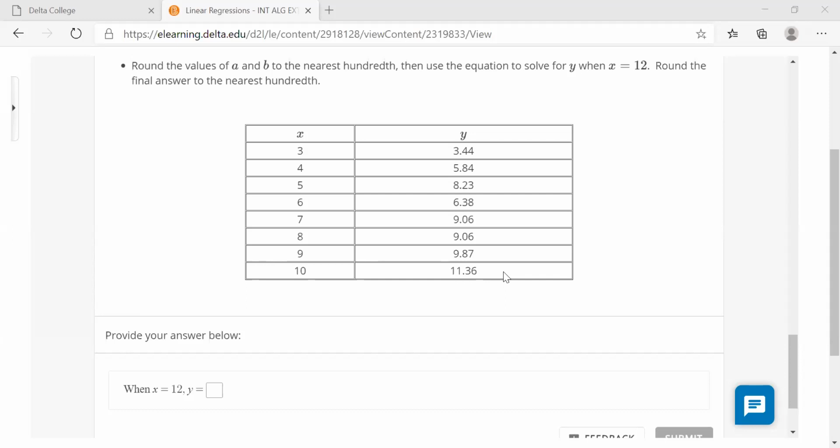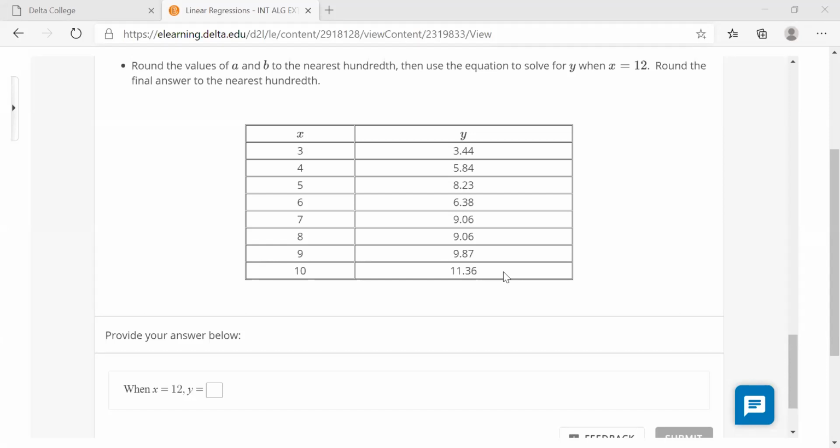Okay, so now you've got your equation, y equals ax plus b. So it's y equals 0.96x plus something. But they wanted you to round to 2 places. So you're going to have y equals 0.96x plus, what is that number? 1.655.